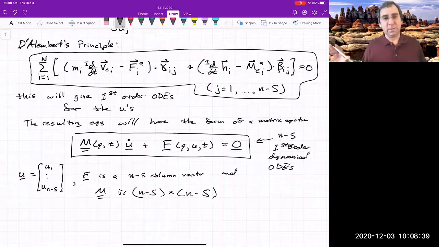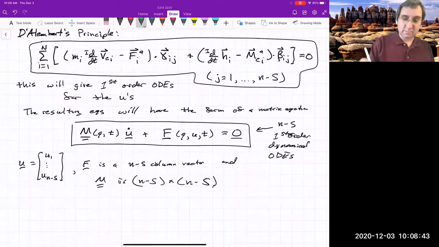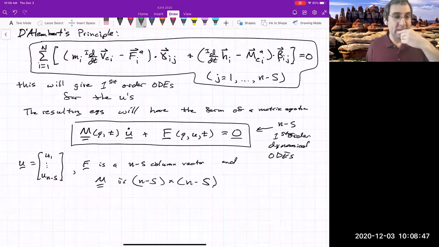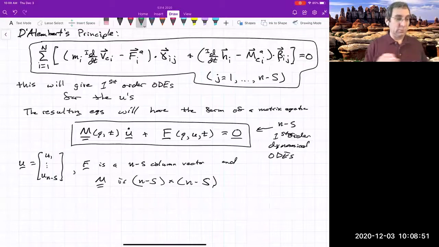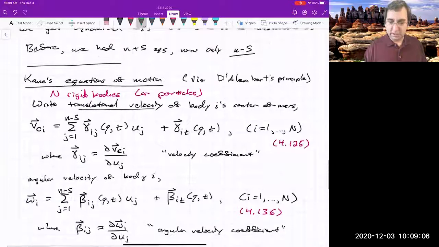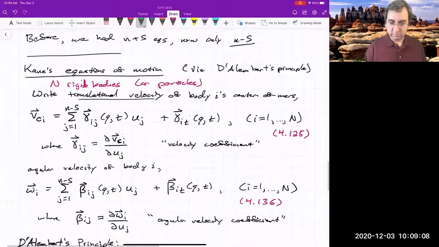We totally get to skip Lagrange multipliers. There's software that automates this, which is nice if you've got some kind of complicated system, especially if you've got constraints. What did it require? You've got to know the applied force, you've got to know the applied moment, and you have to pick some quasi-velocities.